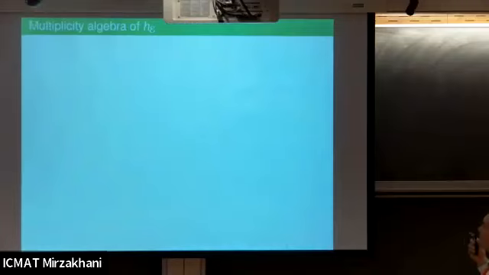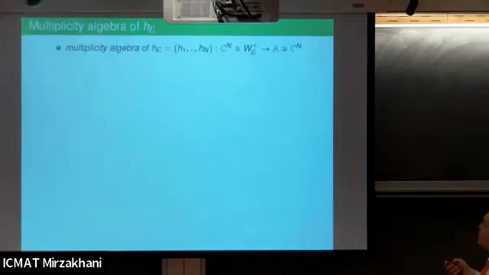So let me talk about how to define the multiplicity algebra of the Hitchin map restricted to a very stable upward flow. So the multiplicity of such a Hitchin map, so here is my upward flow, it's very stable. That means that this is a proper map, a C-star equivariant proper map.